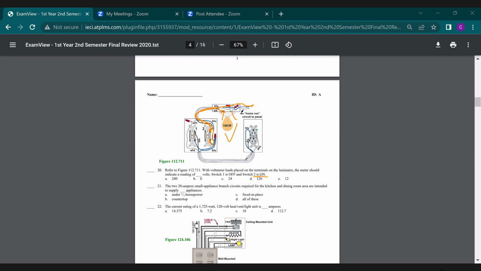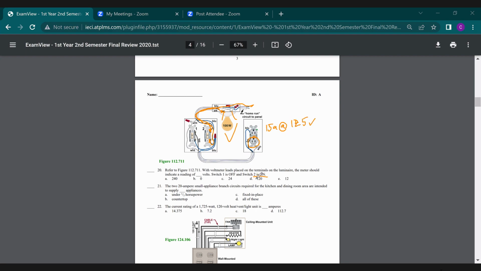Now, how many volts are we going to see? This question's a little bit tricky because they don't outright tell you, but they give you a receptacle. And this receptacle here is your NEMA 5-15, and it's rated for 15 amps at 125 volts.